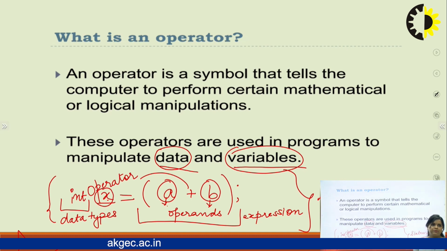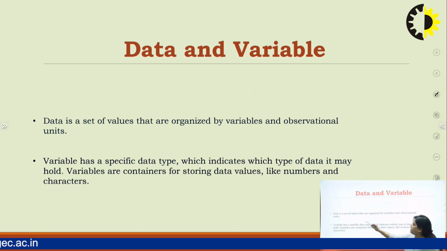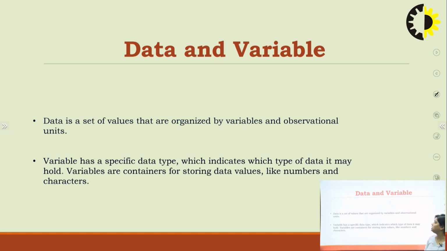What is data and what is information? Data is a set of values that are organized by variables and observational units, right? Data is nothing, it's just random units. Some random units, random digits, random words, that becomes data.